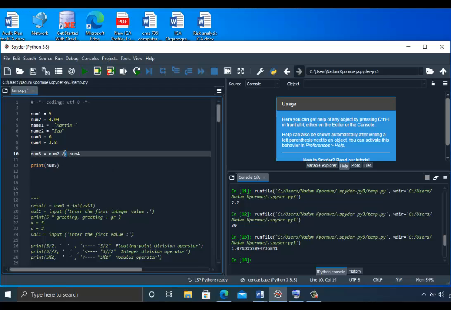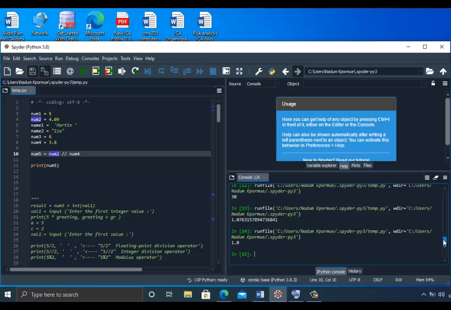The double forward slash operator is supposed to be used for division of integers and not floating points. But the operands on both sides of this operator are of type floating point. Let's see what the result will be.